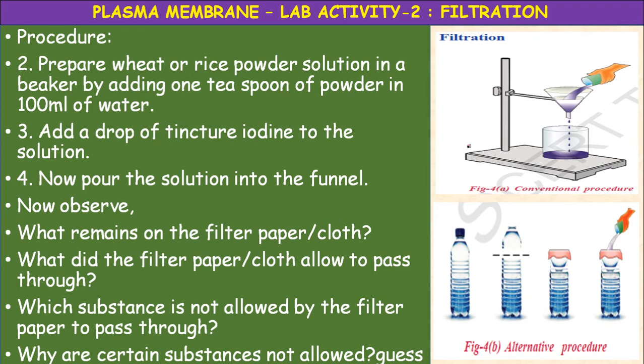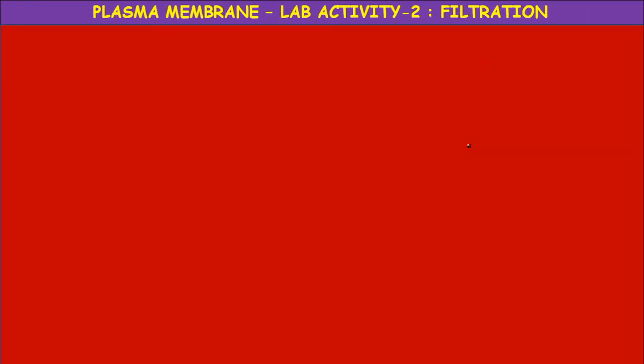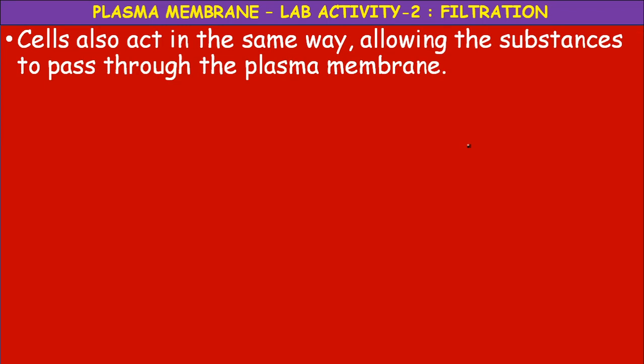It is allowing only certain molecules to pass through it, and it is stopping, preventing certain molecules from passing through it. So here the cells also act in the same way, allowing substances to pass through the plasma membrane.